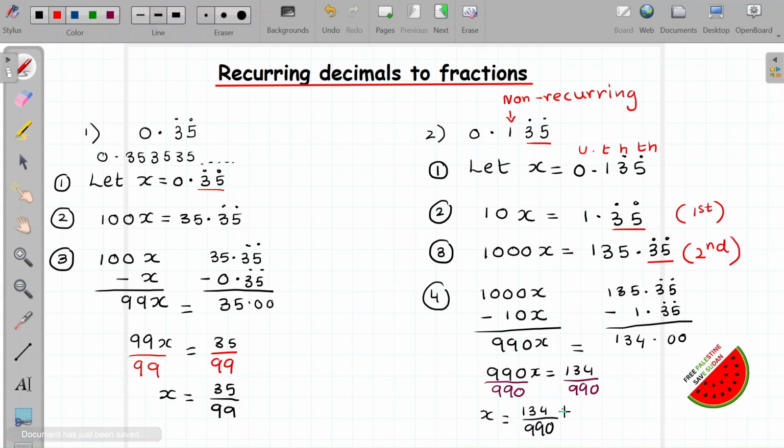I'll divide it by 2, because both of them are even. So this will be 67 over 495. Okay, that's this one done.